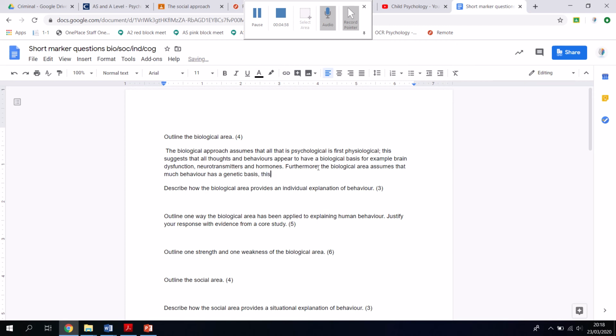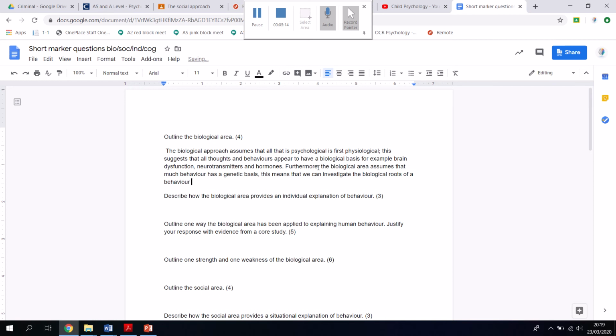This means that we can investigate the biological roots of behaviour through twin and adoption studies to investigate whether characteristics are inherited.